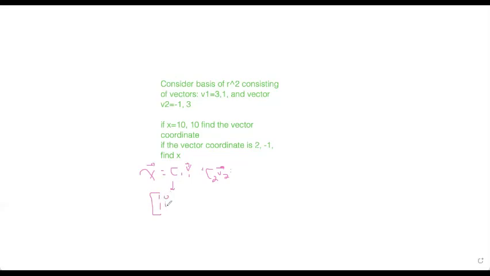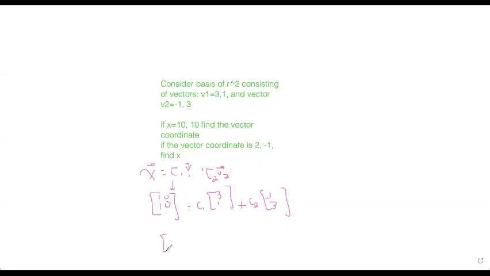So for the first one, we would set it up so we've got 10, 10 equaling c1 of 3, 1 plus c2 of -1, 3. And of course, for the next one, it would be really simple, right?